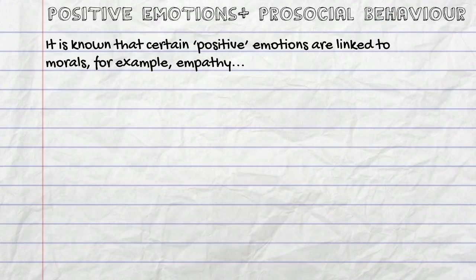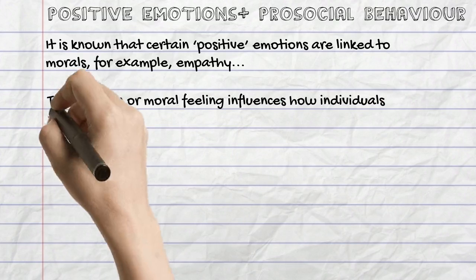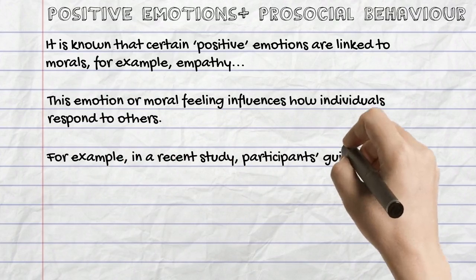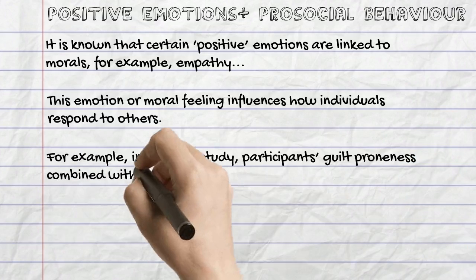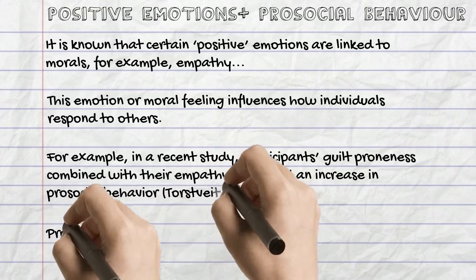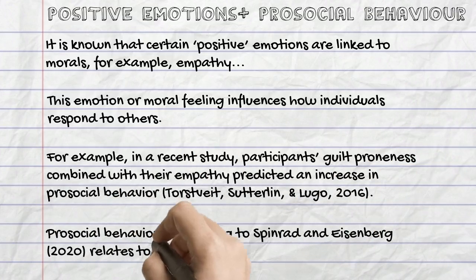Empathy is defined by the Cambridge Dictionary as the ability to share someone else's feelings or experiences by picturing yourself in that person's situation. This emotion or moral feeling influences how individuals respond to others.